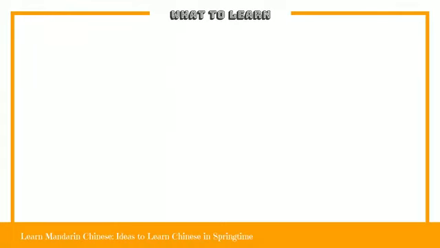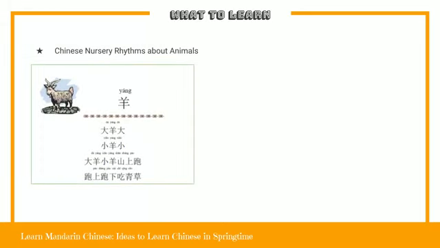So what other things can we learn? We can learn Chinese nursery rhymes about animals. And here I'm going to show you one example. 羊, 大羊大, 小羊小, 大羊小羊山上跑, 跑上跑下吃青草.